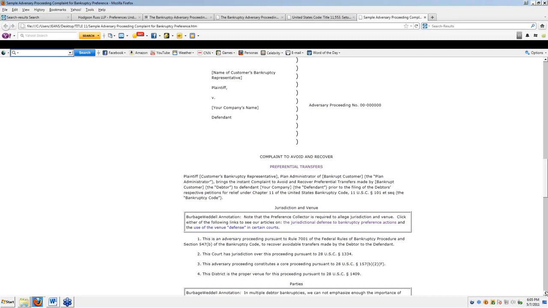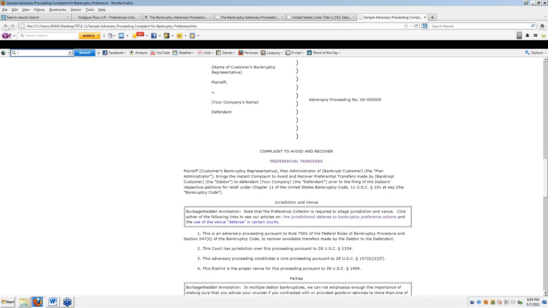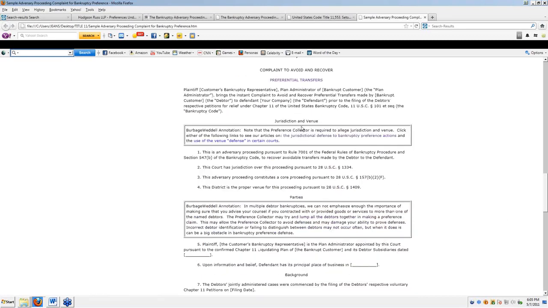Okay, you have to have a jurisdiction and venue statement in there. Go ahead and read that. This is an adversary proceeding pursuant to Rule 7001 of the Federal Rules of Bankruptcy Procedure and Section 547(b) of the Bankruptcy Code to recover avoidable transfers made by the debtor to the defendant.